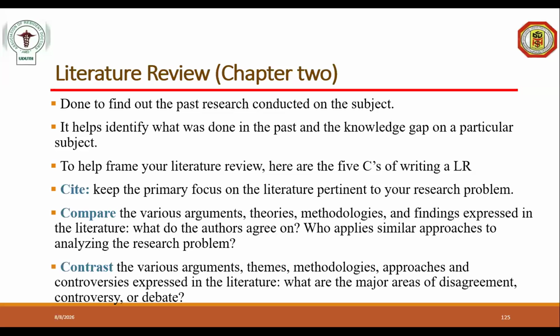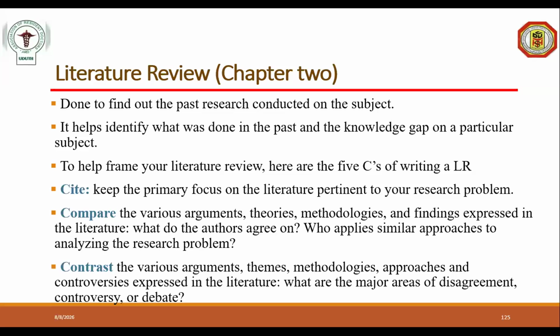If you have 3 objectives, the best thing is to have 3 subheadings for literature review. If you have 4 objectives, you should have 4 subheadings, apart from other ones that can enter, maybe the review of the main topic, maybe the conceptual framework. The main content of the literature review will depend on your objectives.